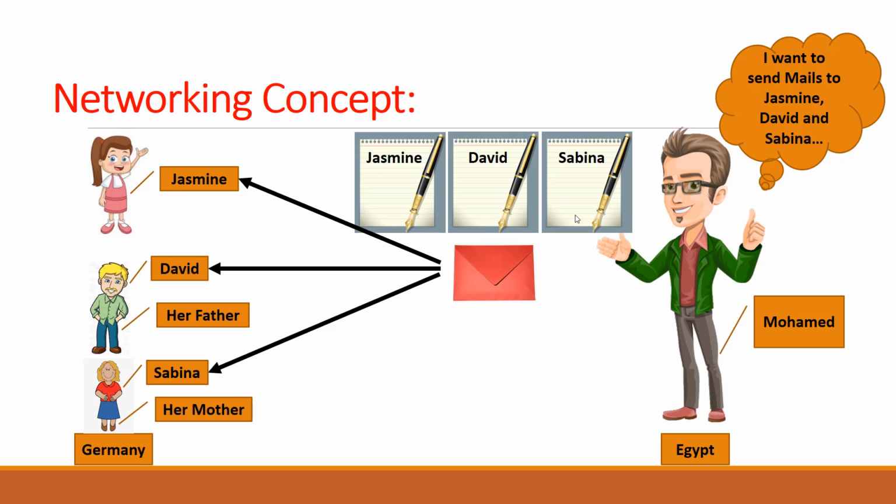David will do the same, receiving the correct letter because Muhammad wrote his name over the letter, so he received the second letter. And the same as Jasmine and David, Zabina will receive the third letter because she has her name written over the letter. So this gives you a simple example of how the networking concept came from.